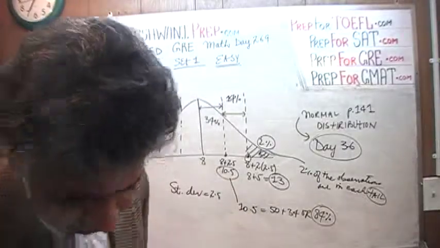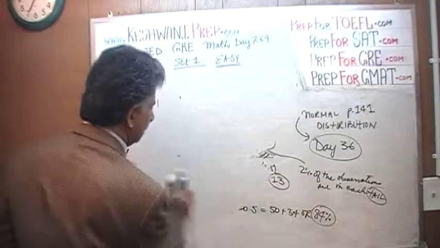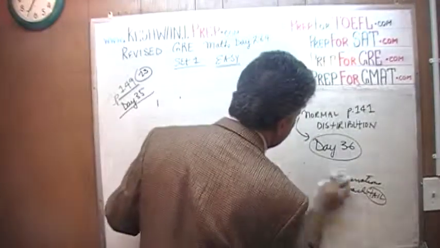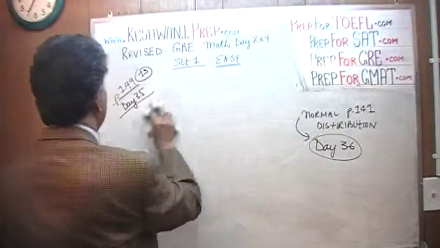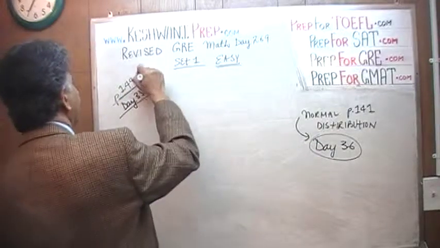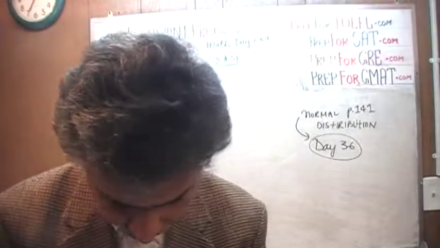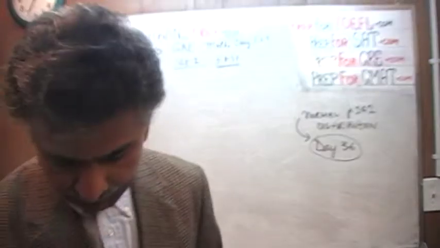The next problem has to do with a pie chart. Number 14, which was also done on day number 35. Number 14 is a pie chart.